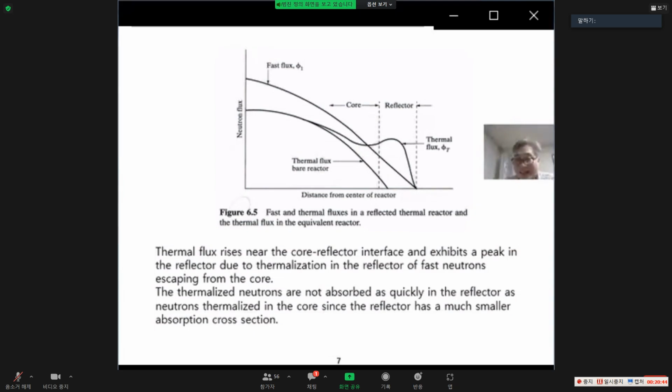So this means the reflector helps, first, neutron economy. It catches some leaked neutrons, so it enhances the neutron economy. Second, it flattens the flux. That is the advantage. Okay, so this is the reflector.